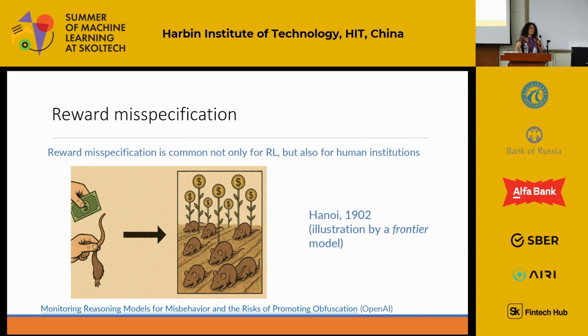For example, when a government tries to control some process, it always chooses some proxy rewards. The example is the situation in Hanoi in 1902, when there was a plague epidemic in the city, and they wanted to decrease the number of rats and set a reward, actual money, for provided rat tails.